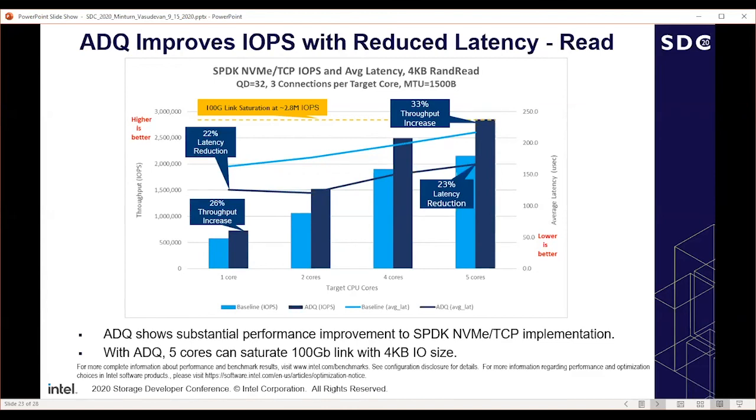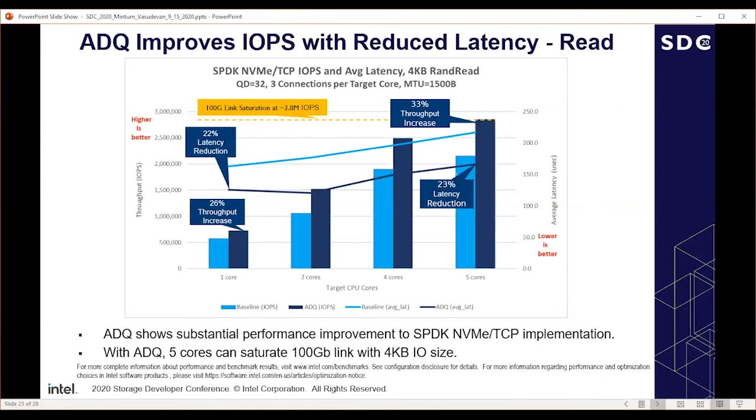If you were to compute the percentage improvement, what you're seeing is that you're able to get, approximately at the high end in terms of IOPS, about a 33% improvement in throughput, and for the average latency, when you compare it with baseline NVMe over TCP with SPDK, you're about 23% lower in latency, so you get a 23% reduction.